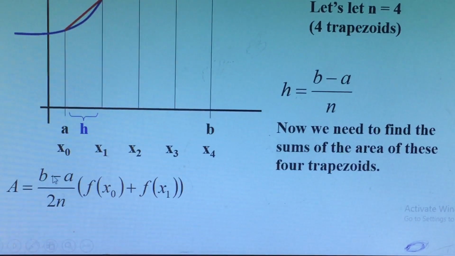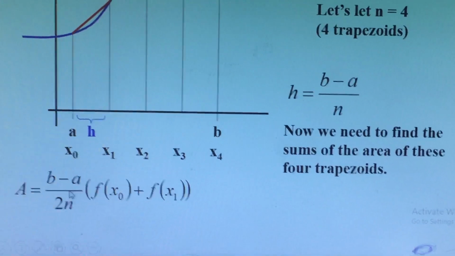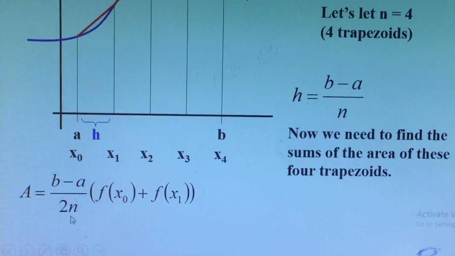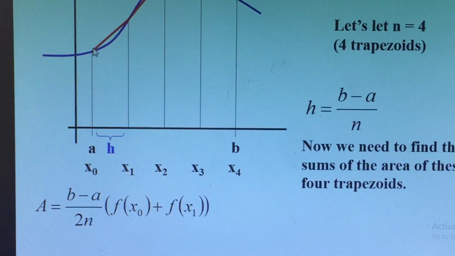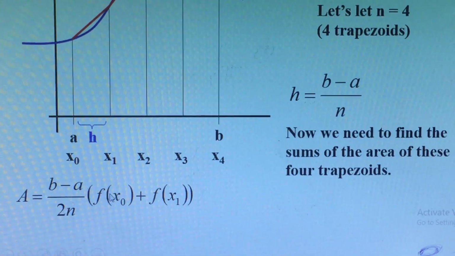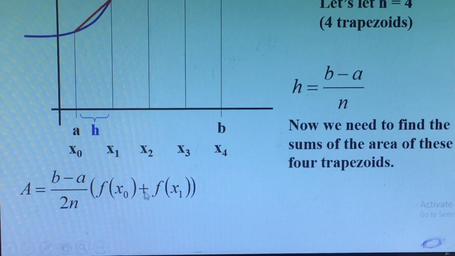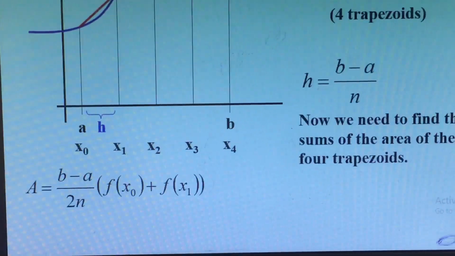Here h is b minus a over n. We plug in, so it becomes b minus a over 2n, and the first base is y naught, this is y1. Y naught means f of x naught plus f of x1. This is the area for the first trapezoid.